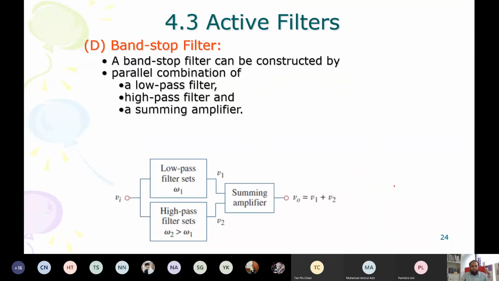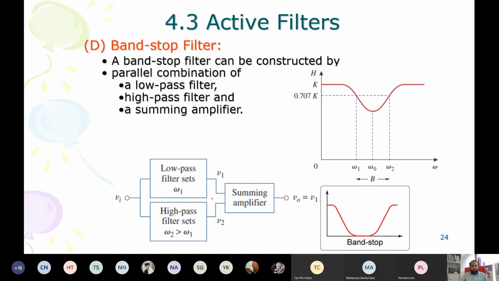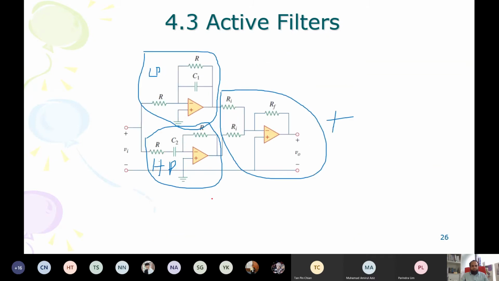Same story here, except that previously we were multiplying the low pass and high pass. This time we're adding the low pass and high pass. Yeah, so this one is low pass, this one is high pass, and this one is the adder circuit.